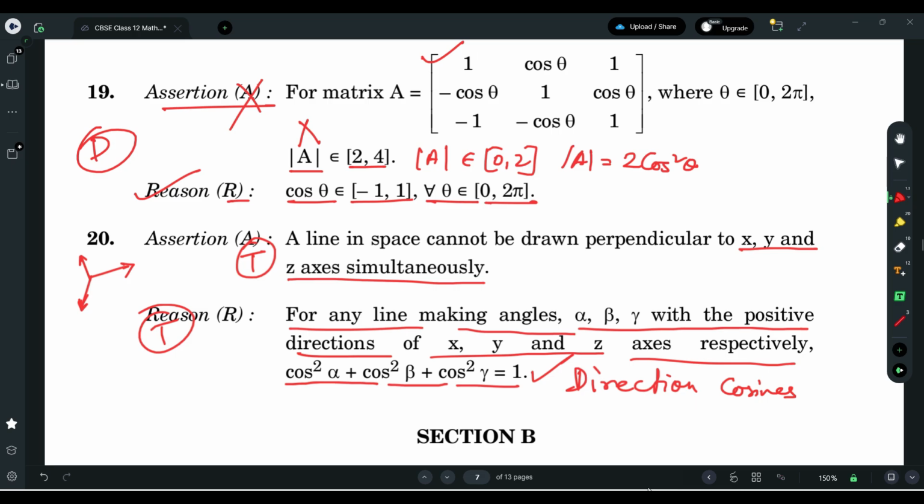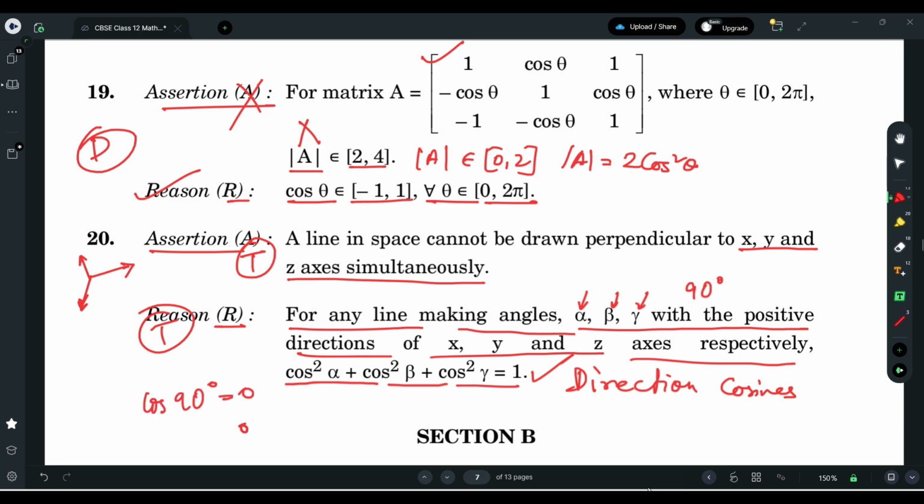The reason is the explanation of the assertion. That means R is the explanation of A, because if cos square alpha plus cos square beta plus cos square gamma is equal to 1, then the angles alpha, beta, and gamma cannot all be 90 degrees simultaneously, because cos 90 degrees is 0.